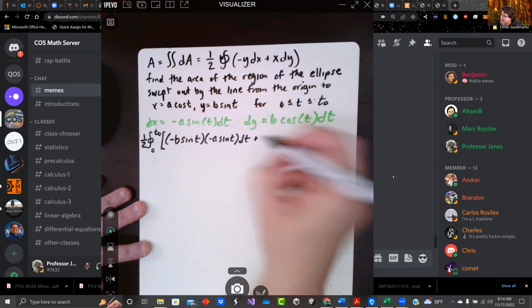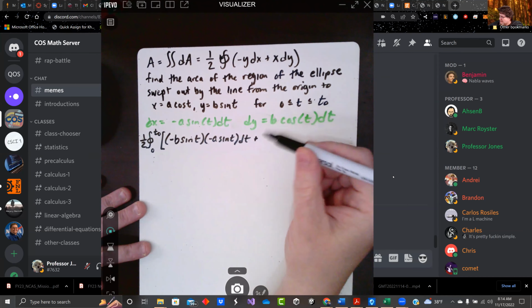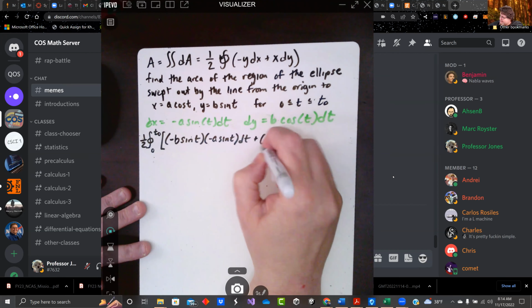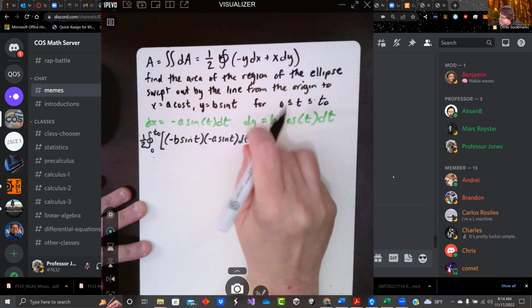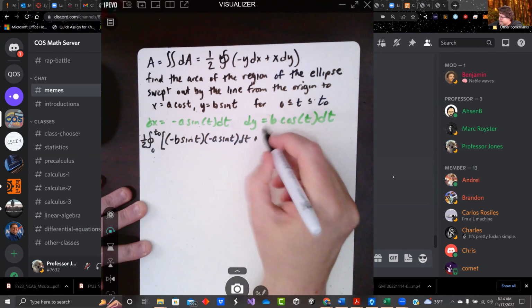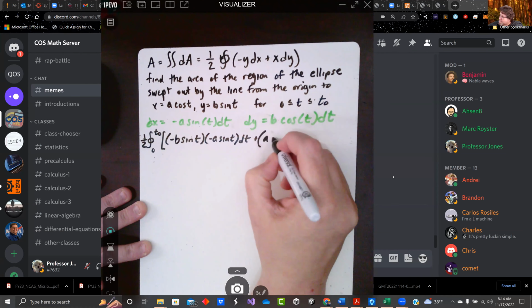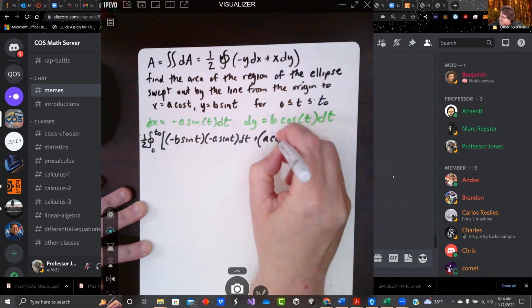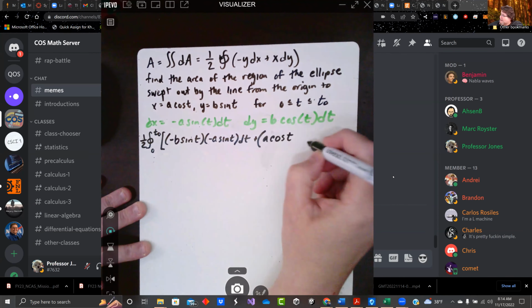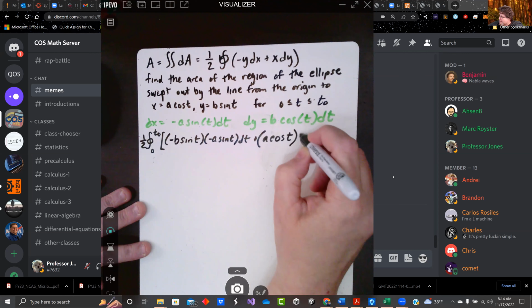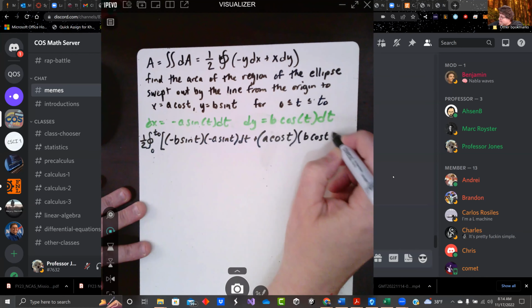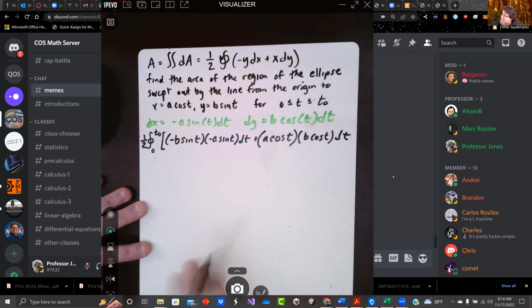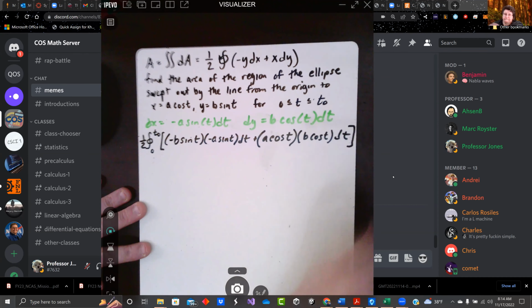And I've got plus x. That's a cosine t. I need to make my parentheses look a little bit bigger. It's starting to look like a C. And I need my dy, and my dy is b cosine t dt. And we'll close the bracket.